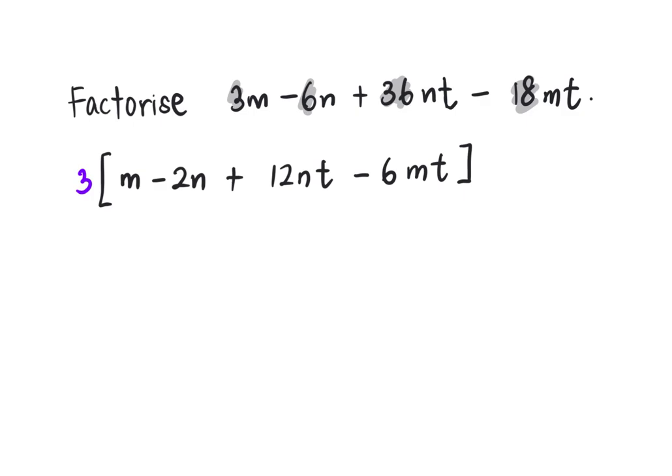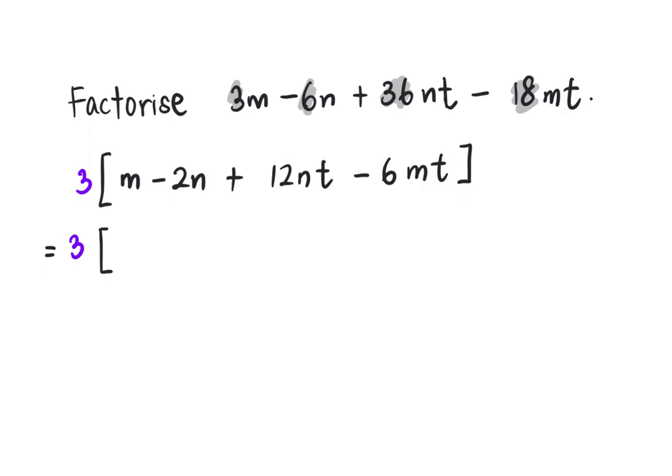And after which, I realize that the first two is m minus 2n. There's no common factor, but I do see some common factor in between. So this is what Mr. Tan will do. Mr. Tan will rearrange the terms so that it's easier for us to extract out the common factor.